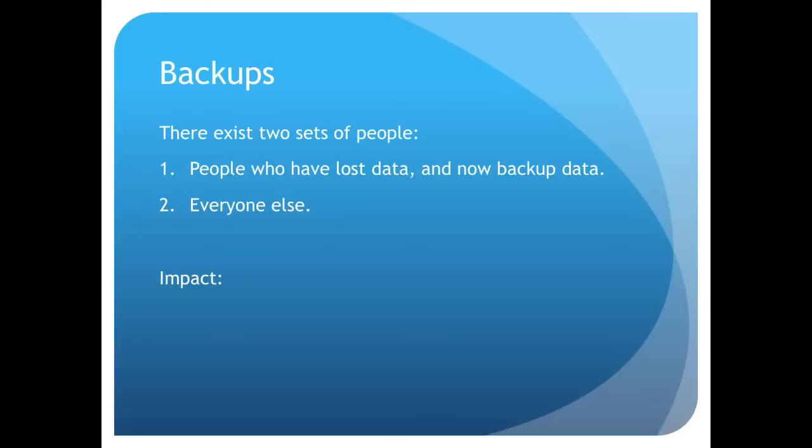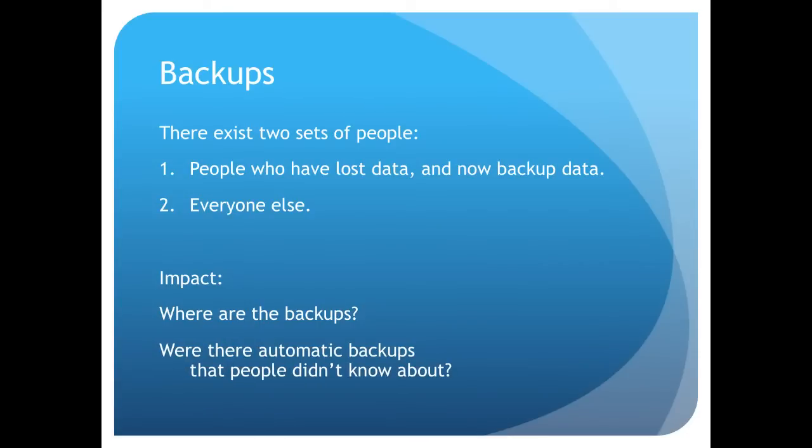But there's another side to it. Another impact of it is, where are the backups? And are there automatic backups that people don't know about? We have the Petraeus case in 2012.